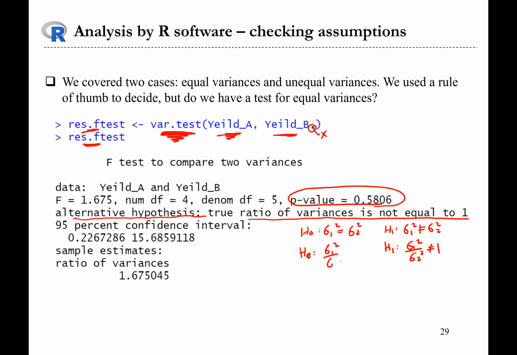The sigma 1 square divided by sigma 2 square equals 1. Second, please. No, it doesn't.